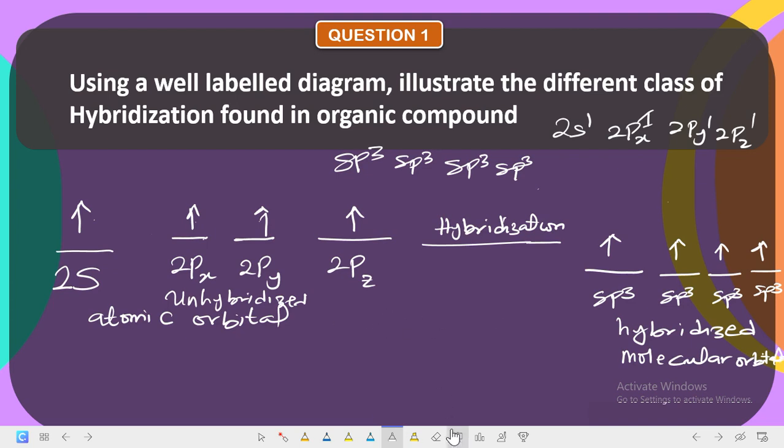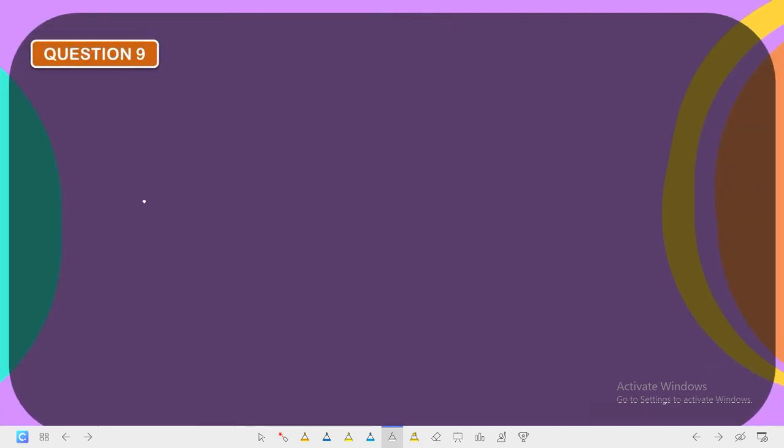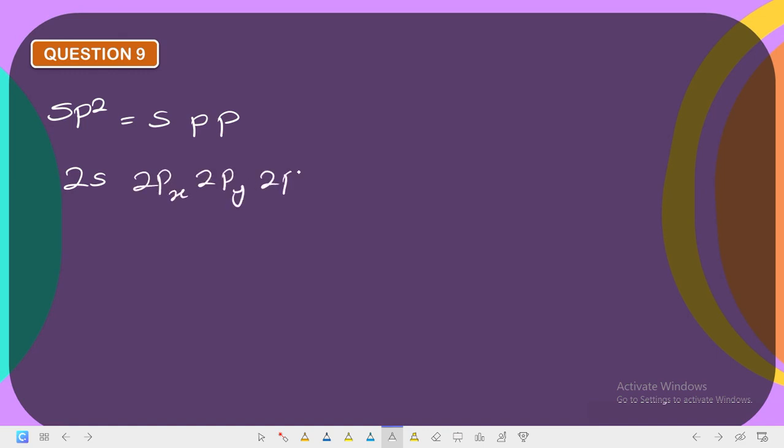Now let us come to sp2. As the name implies, sp2 means that 1s hybridizes with how many p? 2p. So we have here 2s, 2px, 2py, and 2pz.